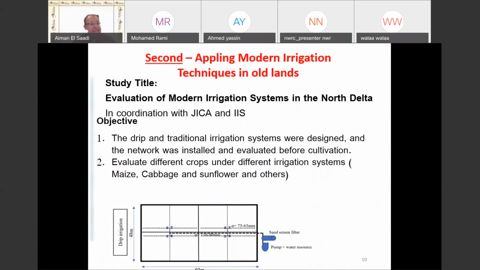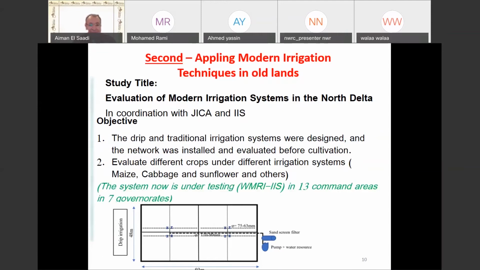The second technique is, as we said, evaluating the modern irrigation system in old land. As you know, we now are moving from surface irrigation to modern irrigation. But now, what is the limitation for this, and what is the condition we need to consider regarding this movement, mainly in heavy soil in old lands? Again, it is not the first season actually.